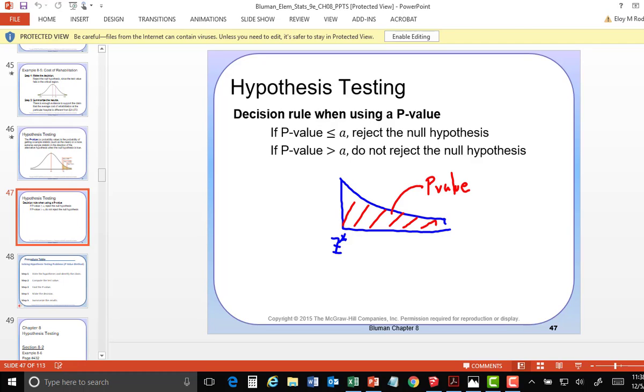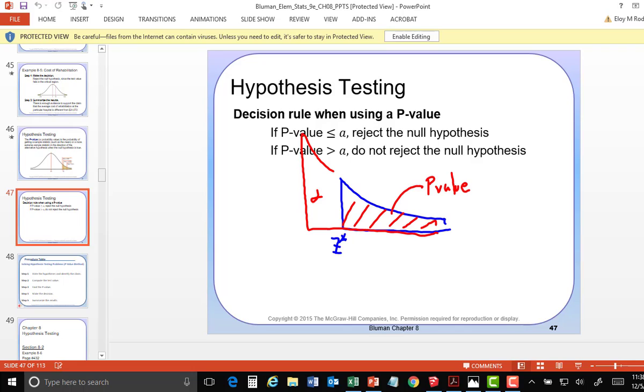But remember that the whole area that we're looking for, this is alpha. So the total area in this case was 0.01, right? So look what it says. If the p-value is less than alpha, that's a definite reject of the null.